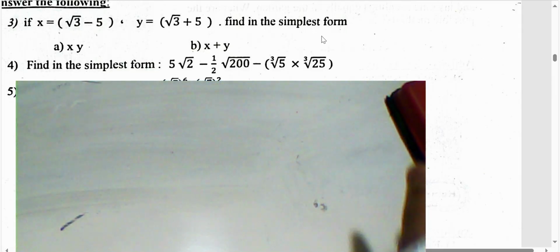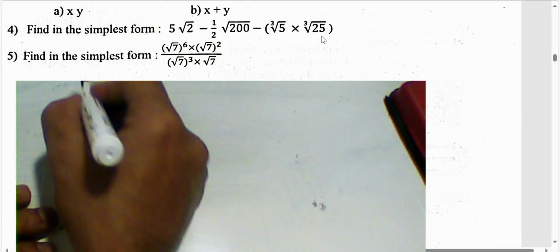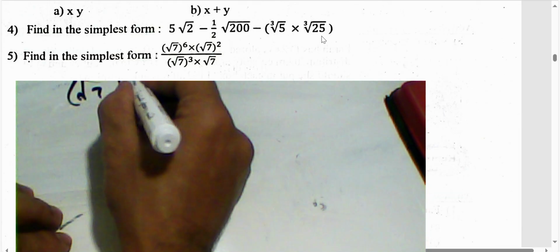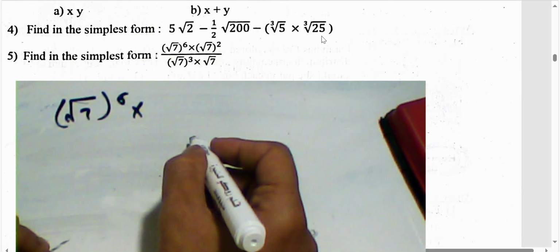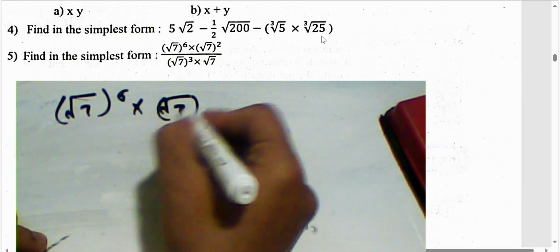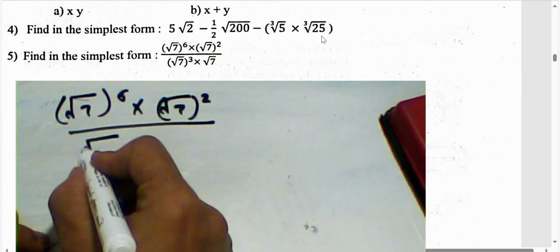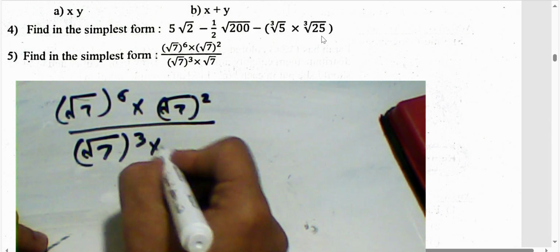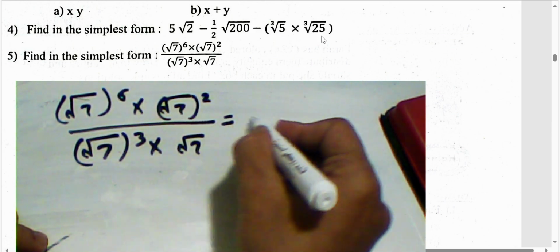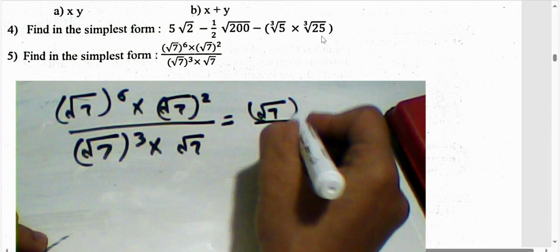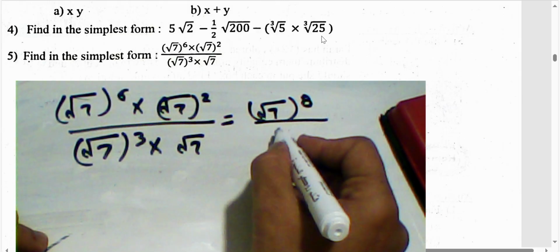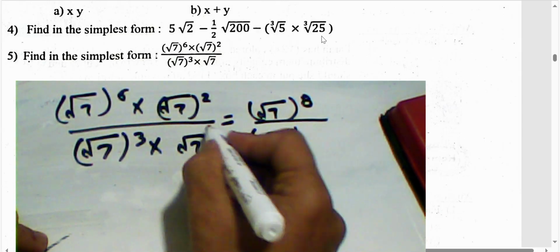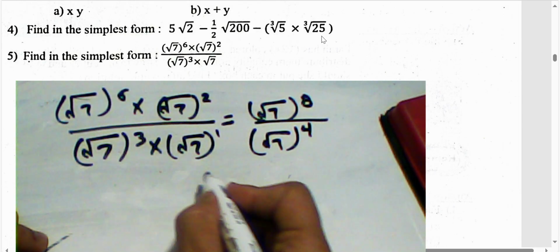Okay, next question. Write this number in the simplest form. We have root 7 all power 6 times root 7 all power 2 over root 7 power 3 times root 7. We can add two powers. 6 plus 2 equals 8. And here root 7 power 3 plus 1 equals 4.